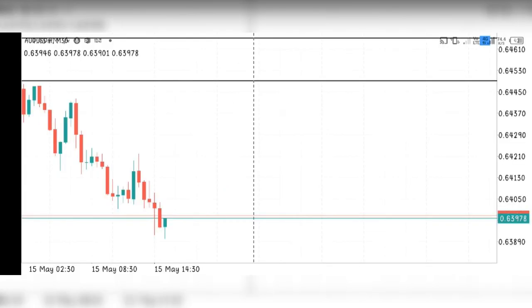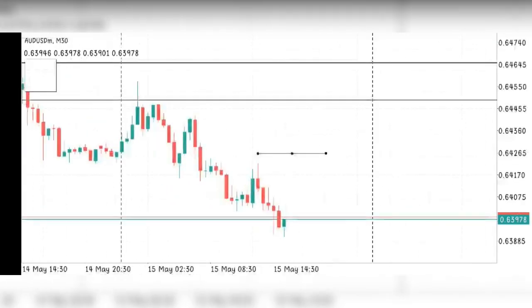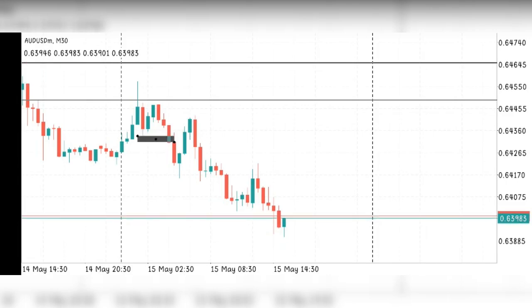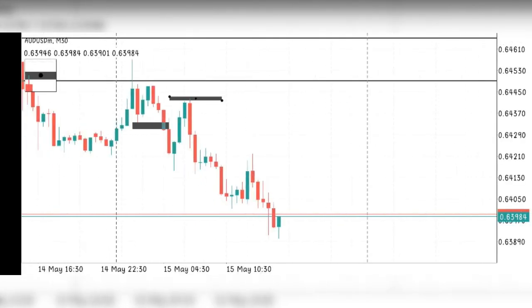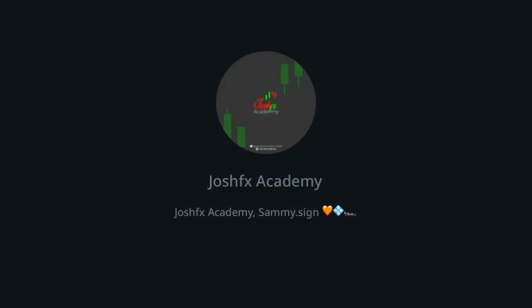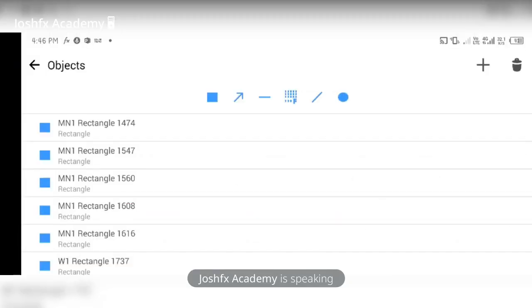Then I saw a break of market structure, a retracement for a sell. That's a break of market structure, a retracement for a sell, and it has been going down. Then after that, we had another break of structure.